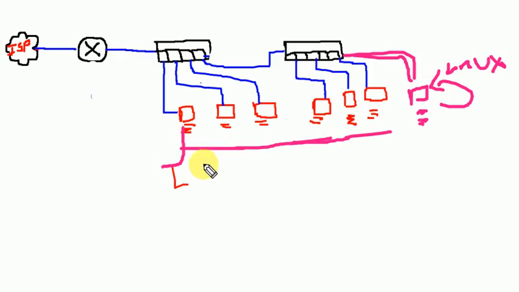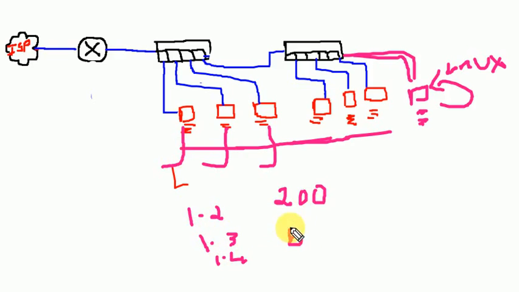For example, if you manually give IP addresses and there are 200 systems, you might give 1.2, then 1.3, 1.4. By the time you come to the 50th PC, there is a possibility that you give it an address already given to another system, like 1.2.